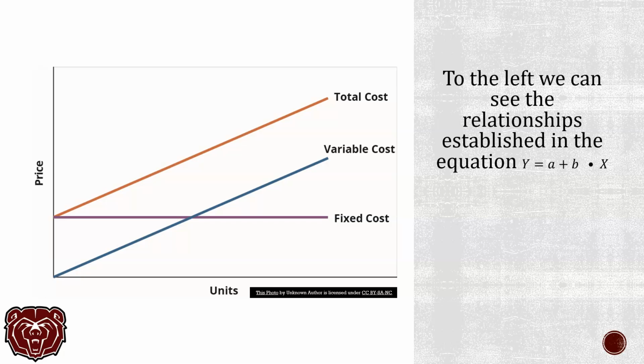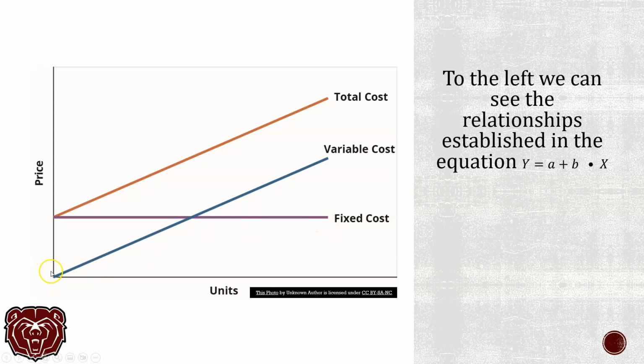This is just a visual representation of those costs on the graph. Here we can see the relationships that we've established with the y-axis, the intercept, the slope, and the number of units. You can see here that the fixed cost just remains flat.